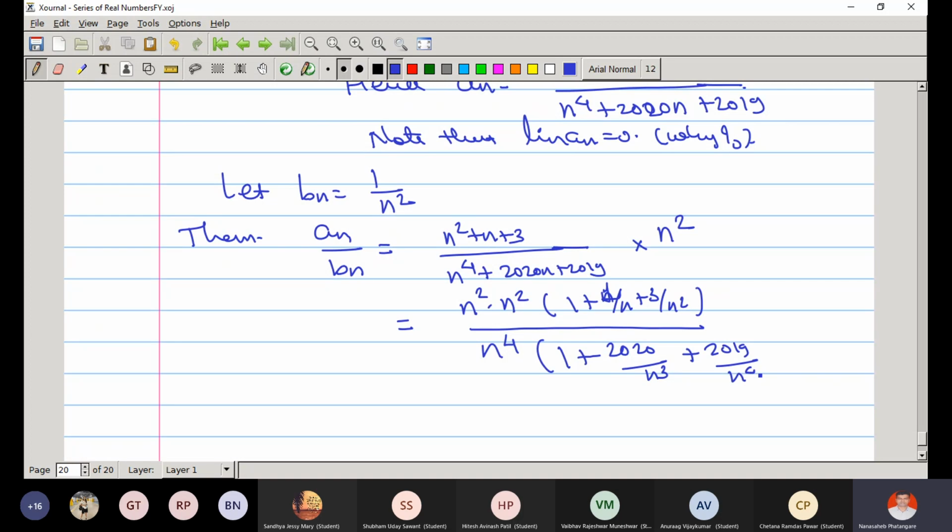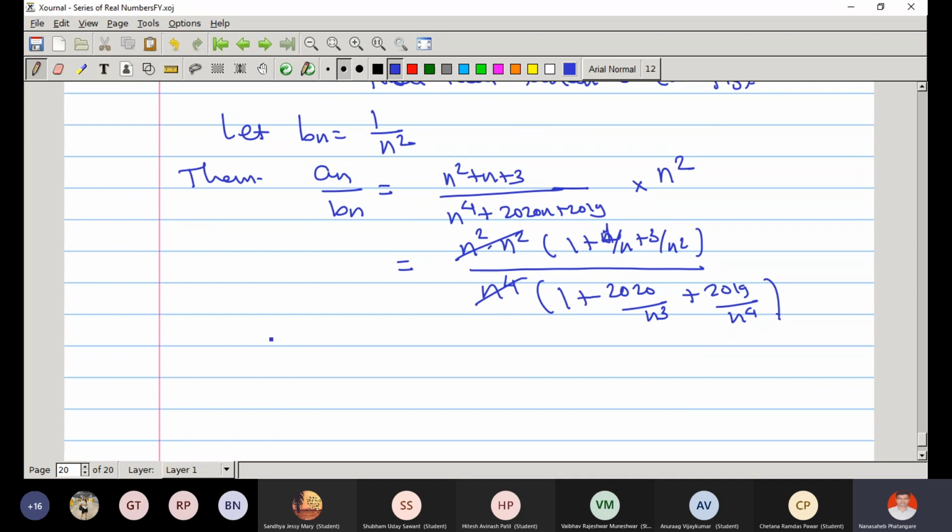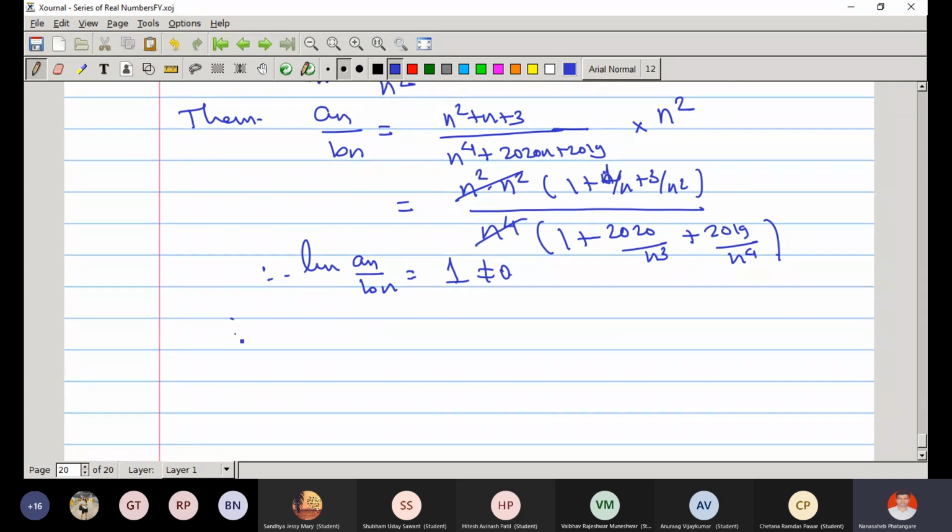So 2019 divided by n to the power 4. So this n square and n to the power 4 cancel. And now you tell me what is the limit of 1? 1, which is non-zero. Therefore both converge or both diverge. Therefore both an and bn converge, or both diverge.